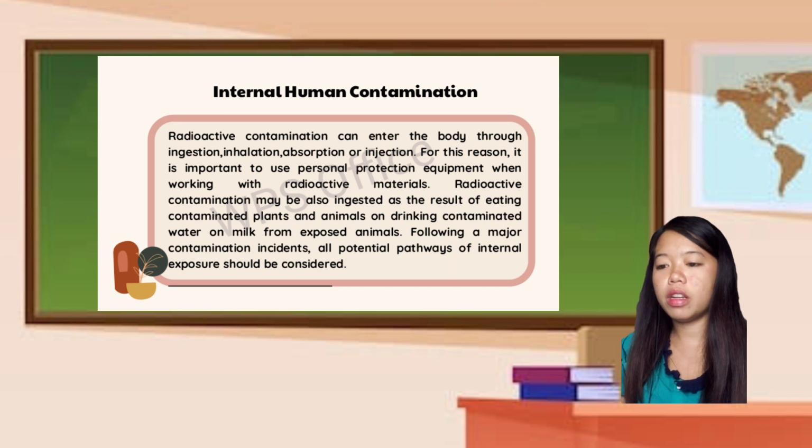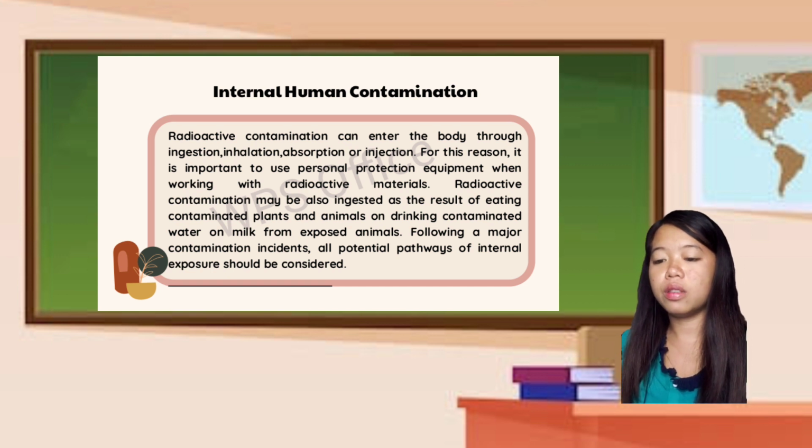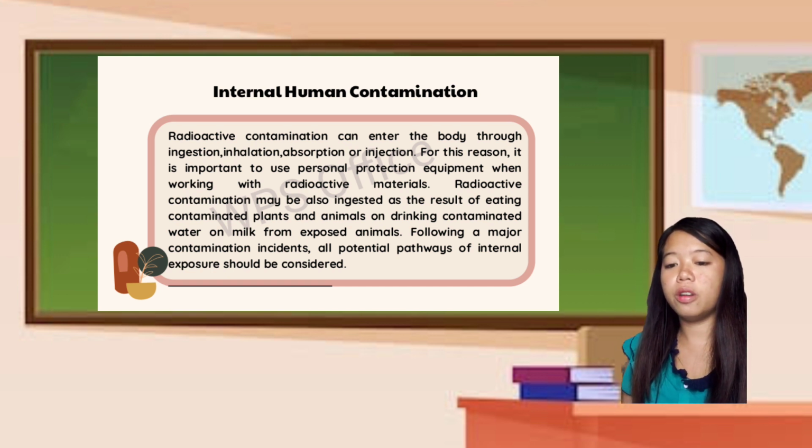Internal human contamination. Radioactive contamination can enter the body through ingestion, inhalation, absorption, or injection. For this reason, it is important to use personal protection equipment when working with radioactive materials. Radioactive contamination may also be ingested as the result of eating contaminated plants and animals, or drinking contaminated water or milk from exposed animals.